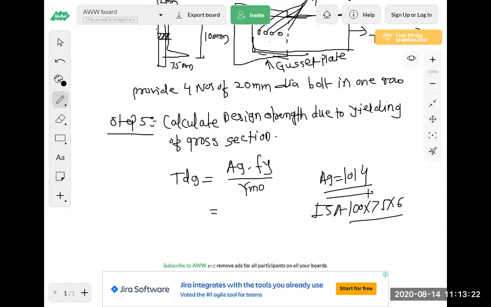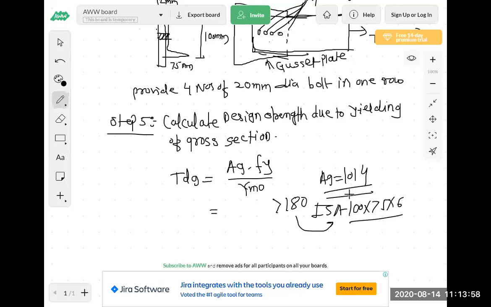Is this member carrying strength greater than 180? The 180 kilonewton is the load coming on this member. Is this member suitable for this load? That we have to find out here. So we provide the gross area of the selected section, taken from the steel table.